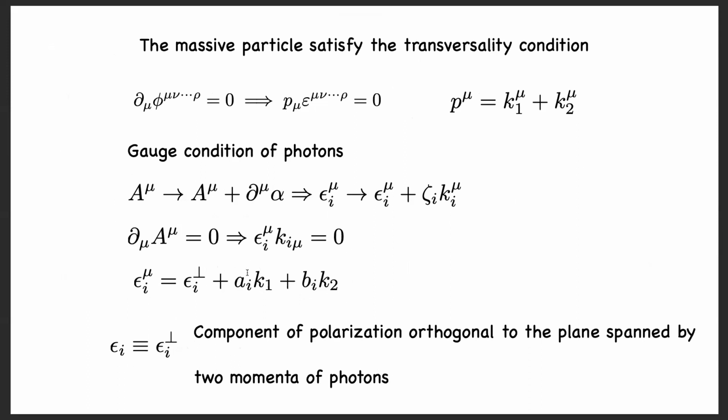So if I want to construct my momentum, I have to construct with this polarization, the polarization of the massive particle, which is orthogonal to K1 plus K2. With these two vectors K1 and K2, I can construct two different vectors, K1 plus K2 and K1 minus K2. The only one that will give me non-zero is K1 minus K2.